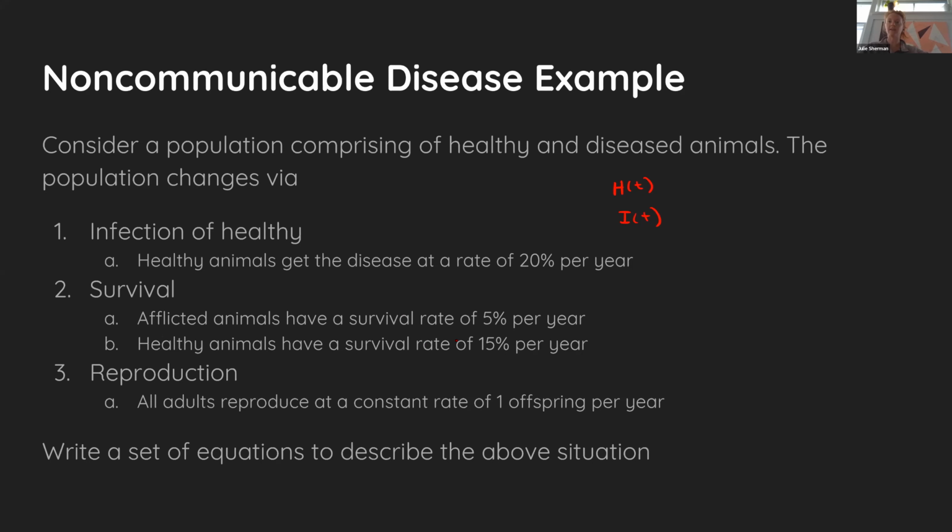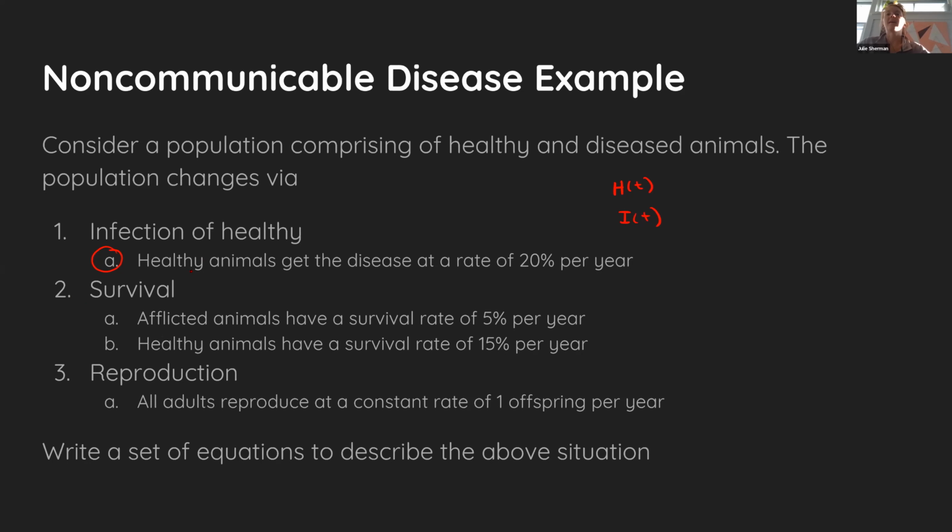Healthy animals survive at 15% a year, whereas infected animals survive at 5%. And they all reproduce at a constant rate of 1 offspring per year. I'm going to go ahead and write the first term corresponding to A, so that hopefully you get the idea and can give me the other terms that correspond to 2 and 3.